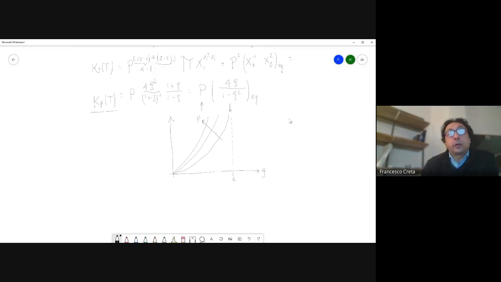And so, again, as we did before, let me fix a value because we're, for example, keeping the temperature constant. Let me fix a value of temperature, and therefore let me fix a value of Kp, which we call Kp of T.